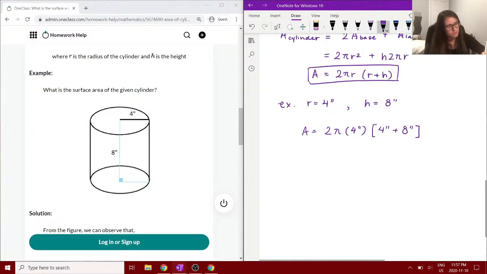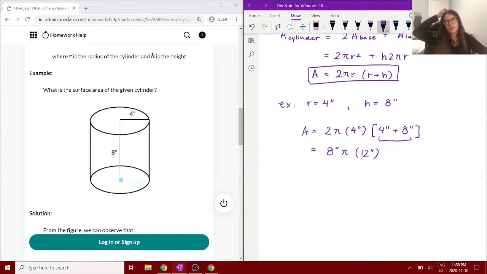Okay. 2 pi, well, we can multiply the 2 and the 4 there, so that's 8 inches times pi, and then 4 plus 8, we have 12 inches.